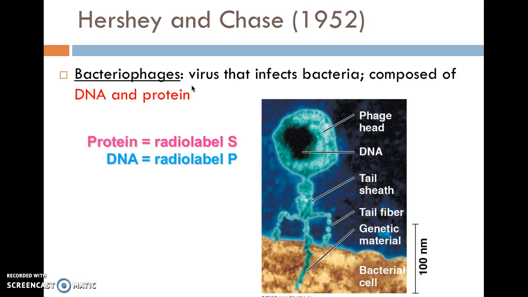On certain viruses, they swapped out a normal sulfur atom for radioactive sulfur in the protein layering. In a different bacteriophage, they swapped out a phosphorus atom and made it radioactive. The goal was to study the contents after the virus infected the bacteria cell.